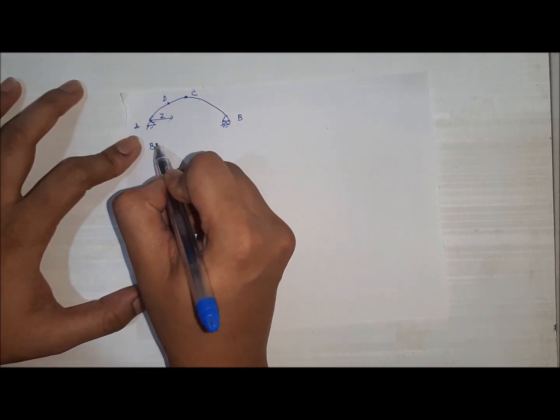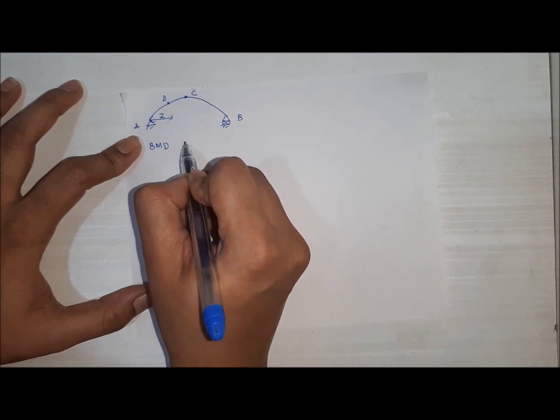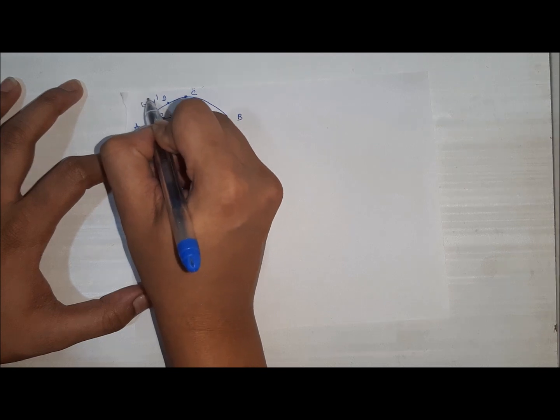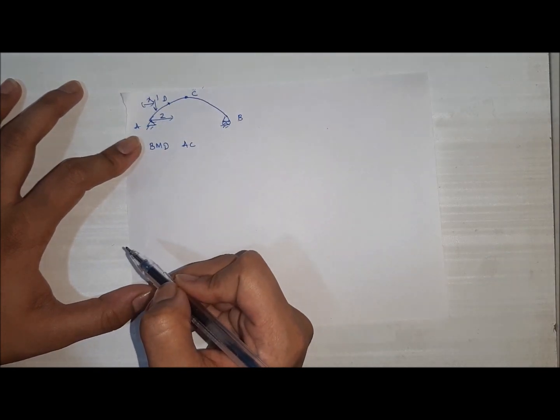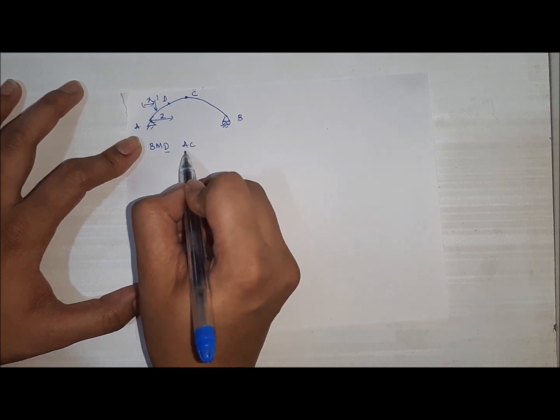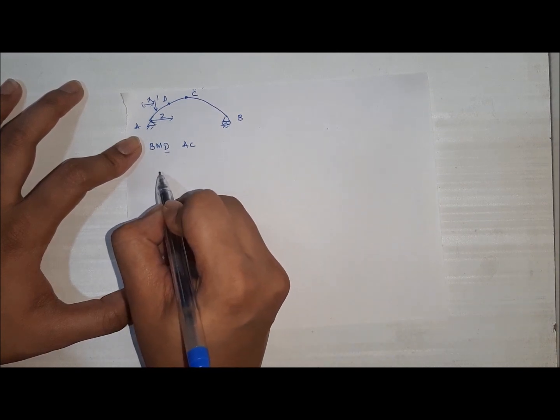Now for bending moment at point D, we consider again the same portion AC. There is a unit load at x distance from end A. Bending moment at D in the AC portion, right?